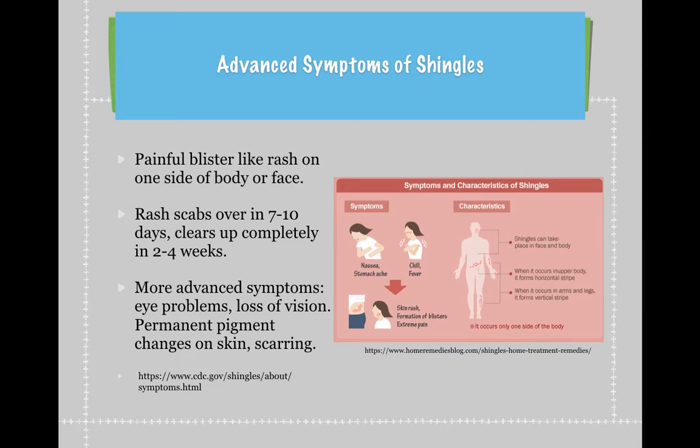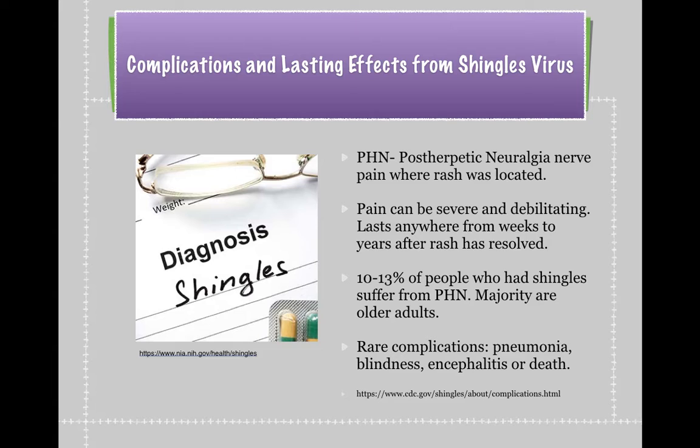Some of the more serious and advanced symptoms of shingles are eye problems, loss of vision, permanent pigment changes on the skin, and scarring. One of the greatest complications associated with the shingles virus is PHN, or postherpetic neuralgia, nerve pain where the rash was located.